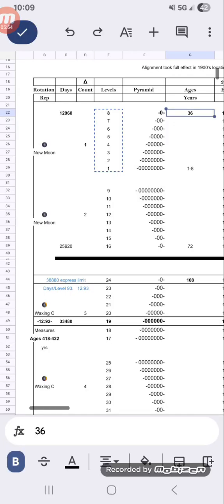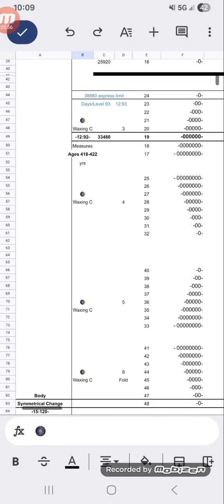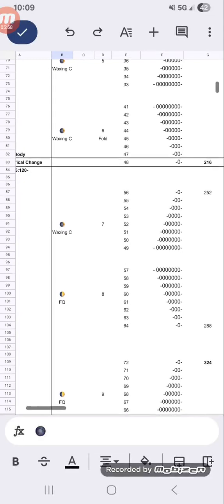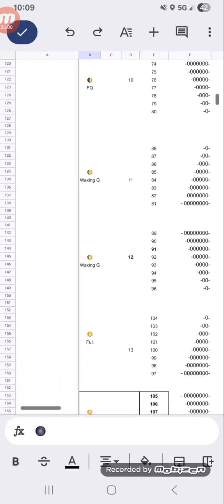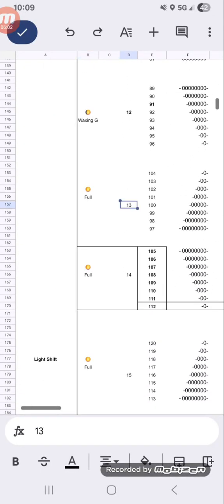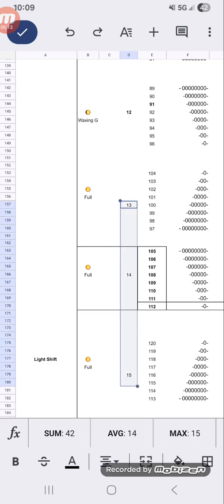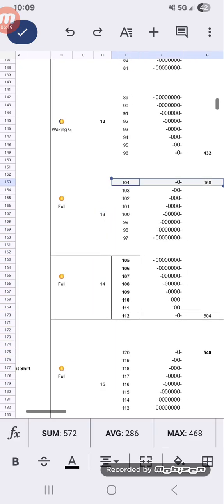So basically, what I'm saying, a new moon will start here, but when the full phase will hit, about, let's see, 13, you see the number 13. 13 is the number of a full moon. 13, 14, 15 is the days of the full moon. As you can see, this is labeled just like that for each pyramid count.